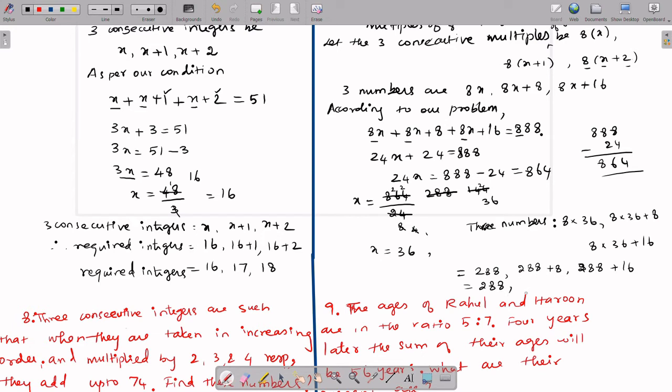And what about 288 plus 16? 288 plus 16 is 304. That is 8 plus 6 is 14, so you write 4 here, and 1 carry, 2 plus 1 is... 304. So the three required numbers are 288, 296 and 304.